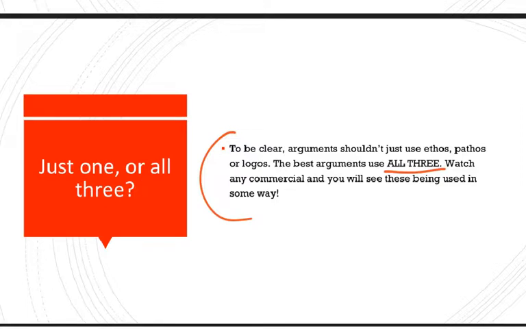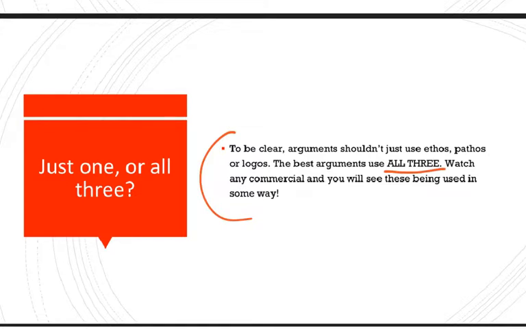But then obviously using logos as well, providing statistics, data, facts. A speech like that is going to win over an audience. It is going to persuade the audience much more effectively than a speech that doesn't use all 3 rhetorical appeals. So, in the future, when you're trying to make arguments, be mindful of this. Try to use all 3 of these rhetorical appeals.